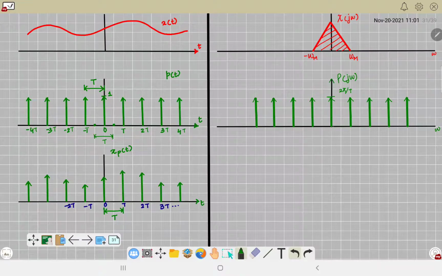And second, they will be separated by omega s. So if this is 0, this will be omega s, 2 omega s, 3 omega s, 4 omega s, and so on. Similarly on the negative axis, something like this, and so on. So this will be the frequency representation of my impulse train.